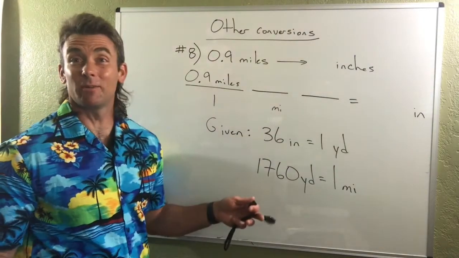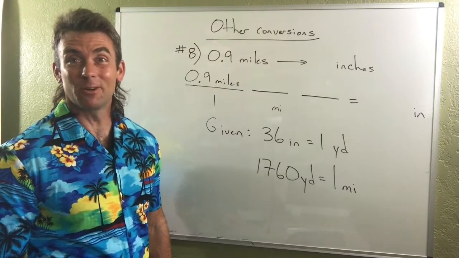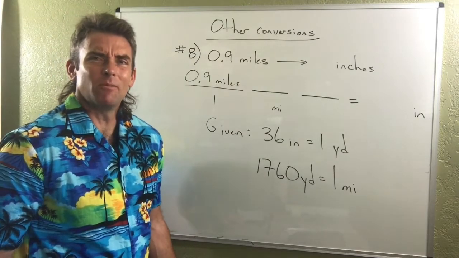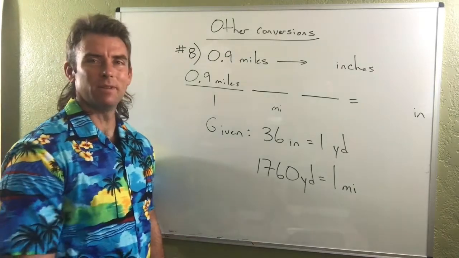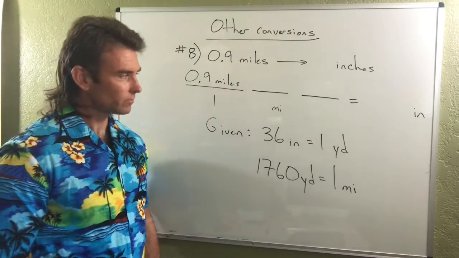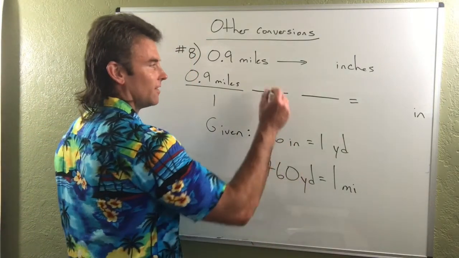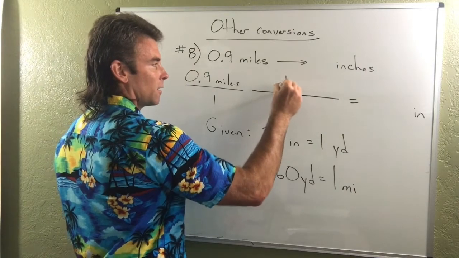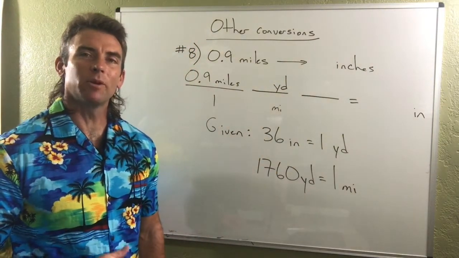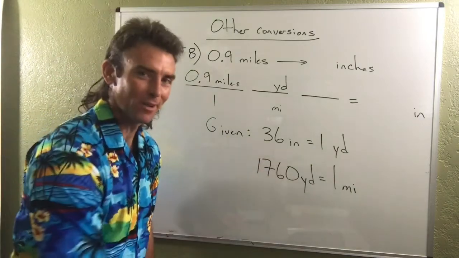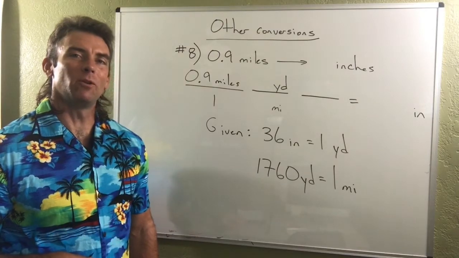Of course, you could look this up on the Google and you'd end up with a couple of different conversion factors. But let's pretend we don't have the Google and we've got to use these bits of information, right? Well, it turns out we're going to use this yard much like we use the base unit in those more complex prefix metric to prefix metric things from the last video. Sometimes it's helpful to use a middleman.